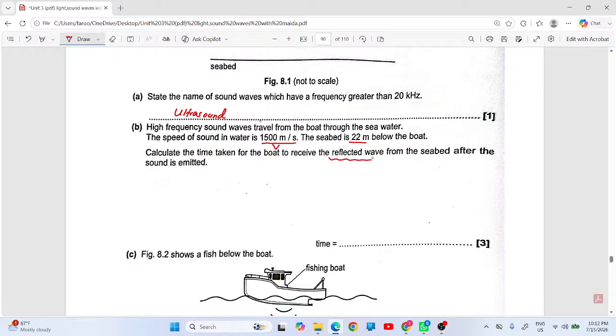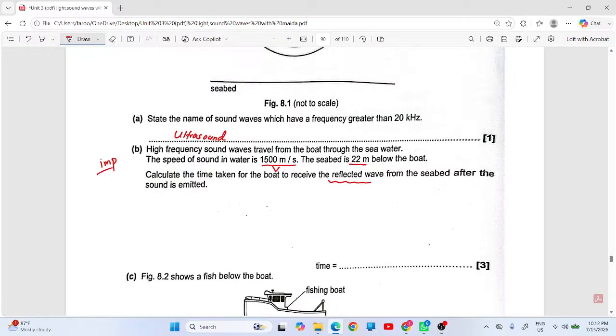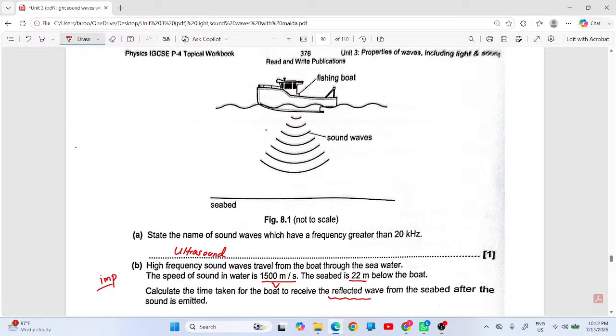Calculate the time taken for the boat to receive the reflected wave. It's not an incident wave, it's the reflected wave. So initially the wave has to strike on the seabed, and then it will be reflected.